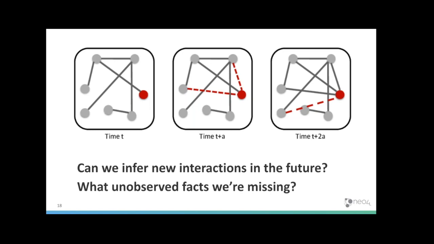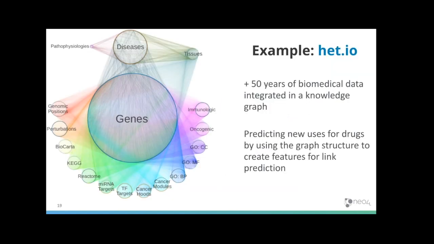So an example of how you might use link prediction that I really like is on a website, het.io. You can go in and check this out. It is HetioNet is the name of the project, but they have decades of biomedical data that is integrated into a knowledge graph. And then they use that information to look at drug repurposing.